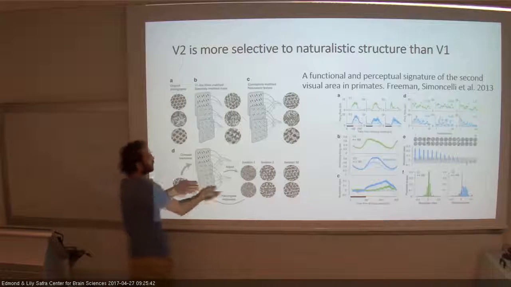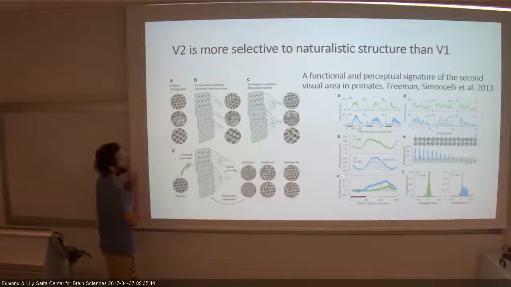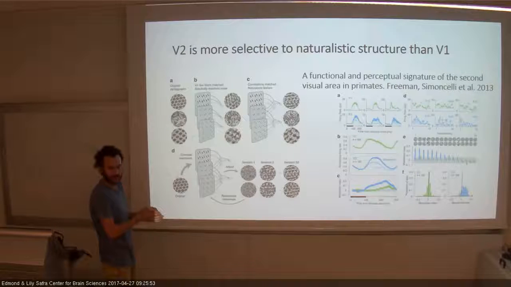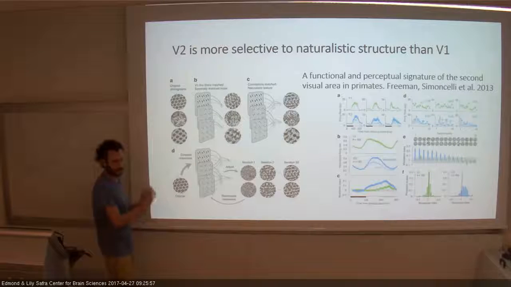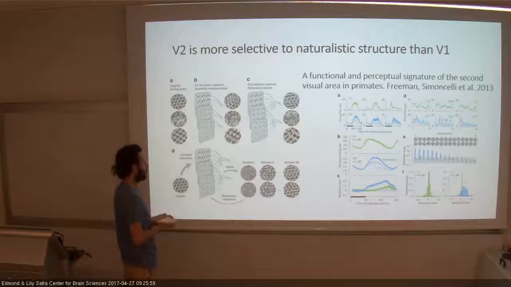And they try to recreate the statistics of the original image, meaning mostly the spatial frequencies and the orientations, and also the general luminance level and the differences.